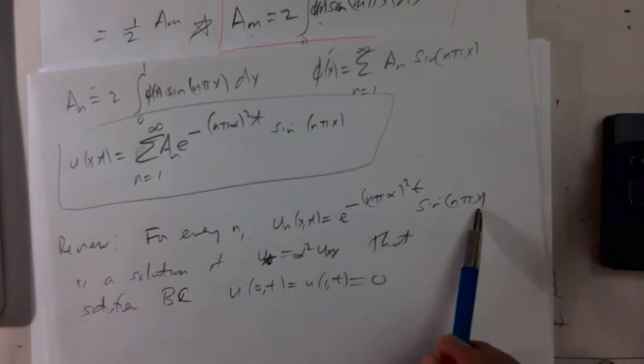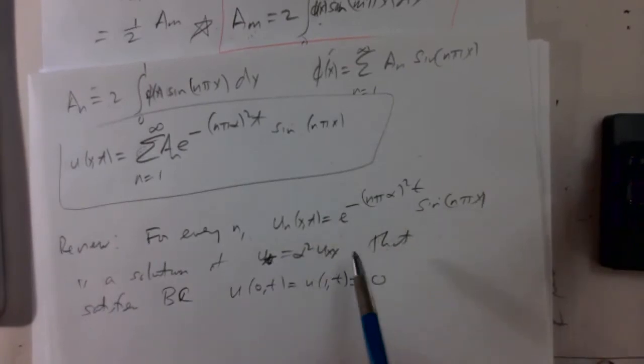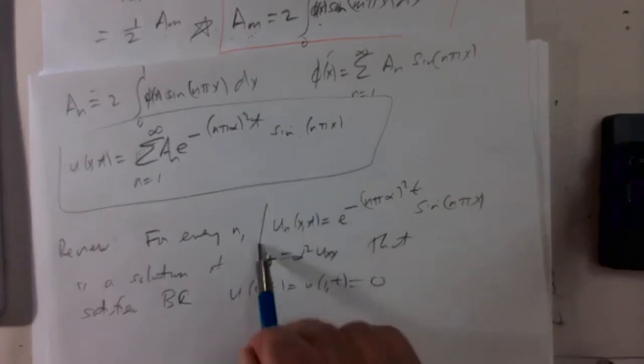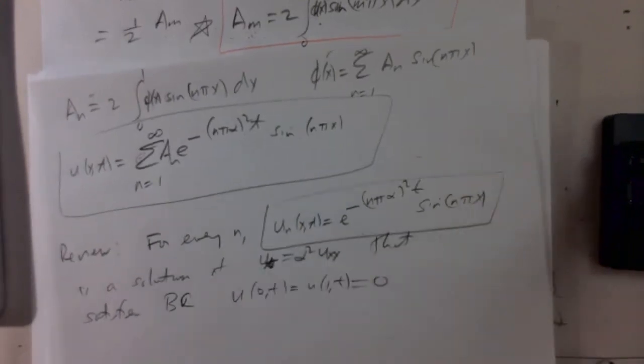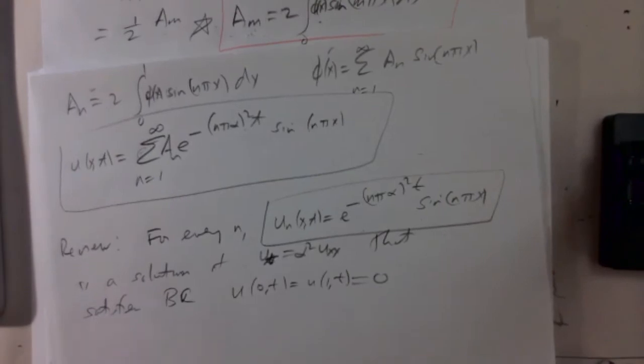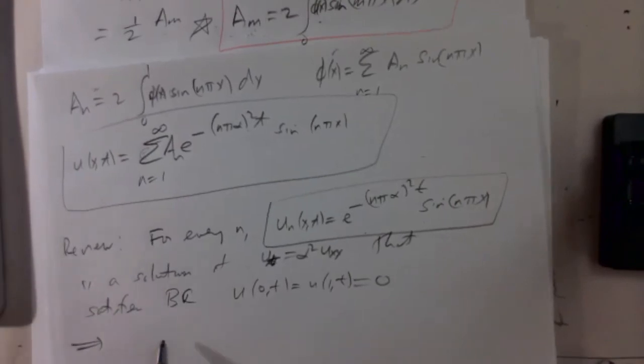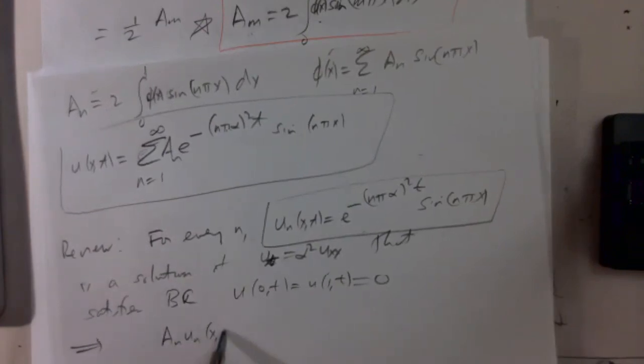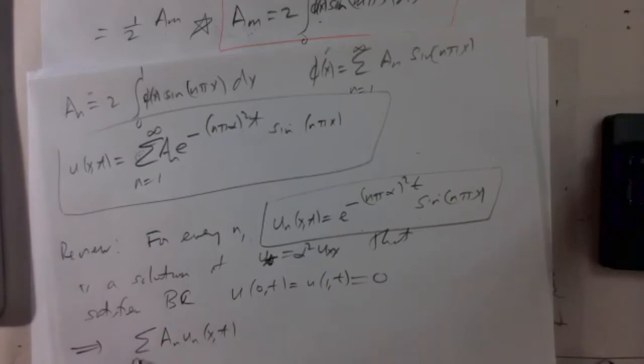If you let x equal 0, or if you let x equal 1, you get 0. So for every n, this is a solution of the equation, which means that if I take u_n of x,t and sum over n, this is also a solution.